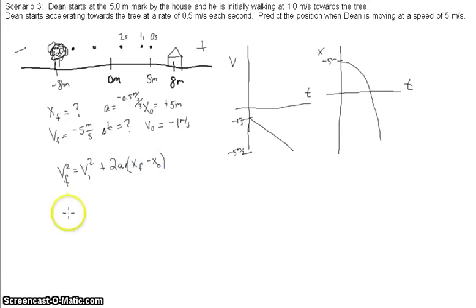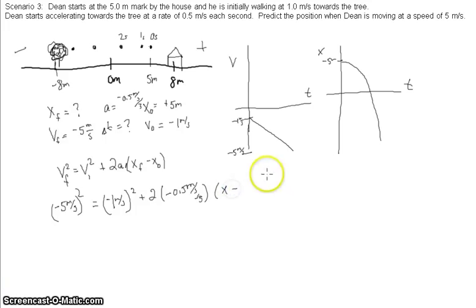Okay, so by substituting everything in, we have negative 5 meters per second, squared, is equal to negative 1 meter per second, squared, plus 2 times the acceleration, which is negative 0.5 meters per second squared, and then the final position minus 5 meters.